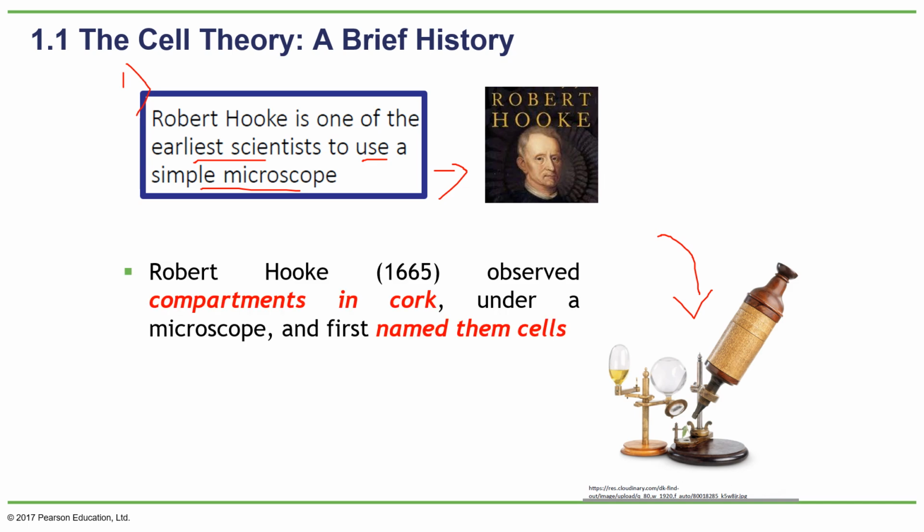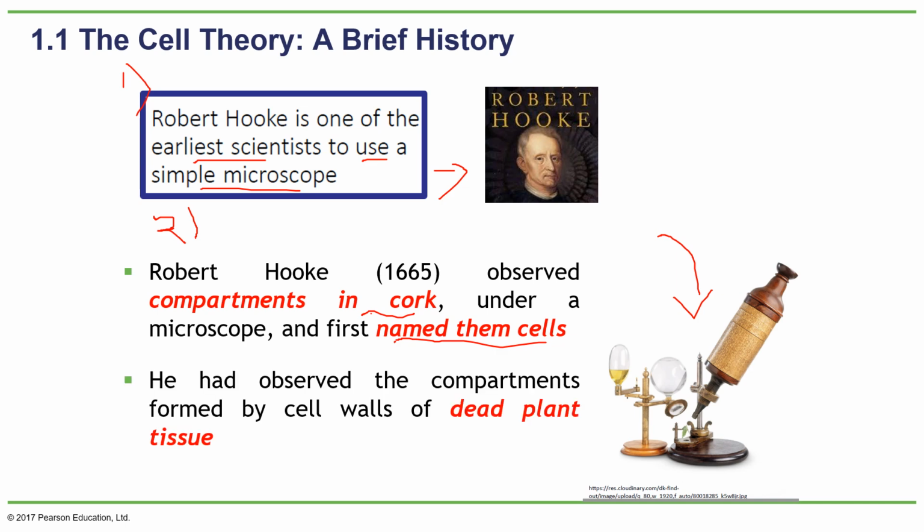The second thing that I want you to remember is that he didn't observe living cells. What he observed were dead cells. He observed them in a cork, and he used the microscope, and he found that those compartments looked like the cells in a monastery, and this is why they are called cells.